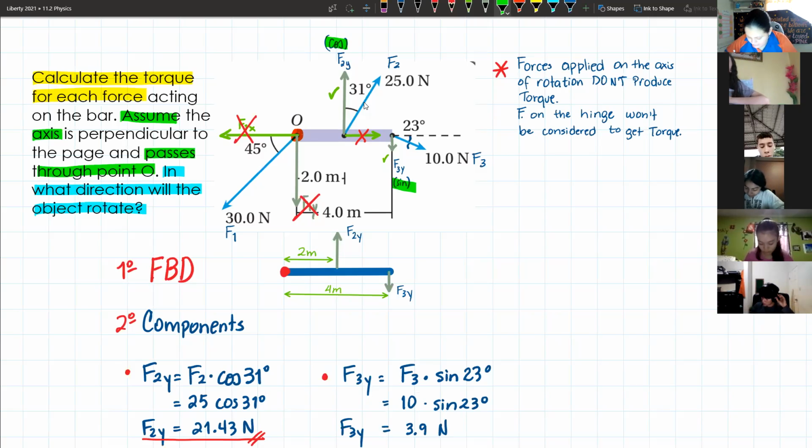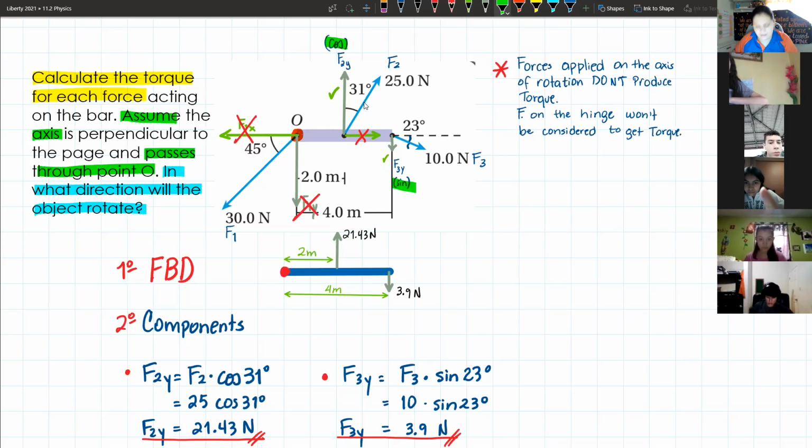Okay, now that you have the forces, you're going to put them in the free body diagram. I'm going just to substitute by the numbers. Okay, so this is 23. And this is 21.43 Newton. And this is 3.9 Newtons.